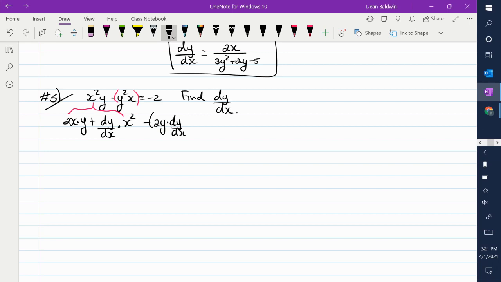Because it's bracketed in this part here. 2y dy/dx times x plus, what's the derivative of x? 1 times y squared, equals, what does it equal? 0. So this is sort of like the chain rule in that things get bigger and then we got to simplify them down. Julia.